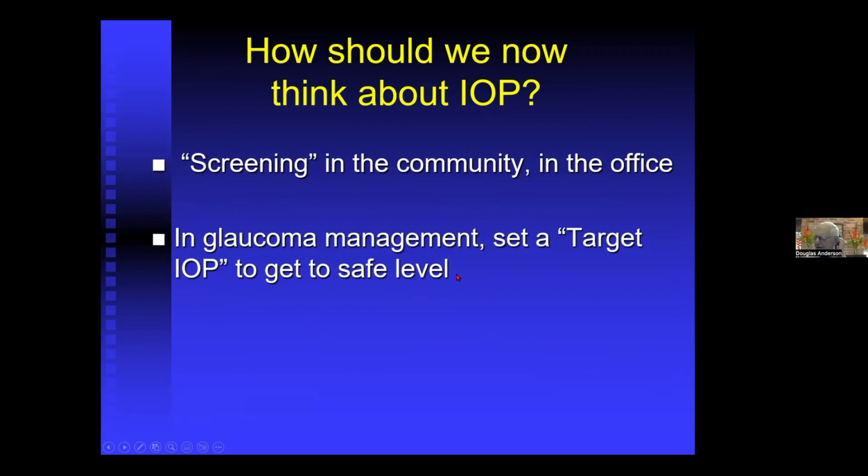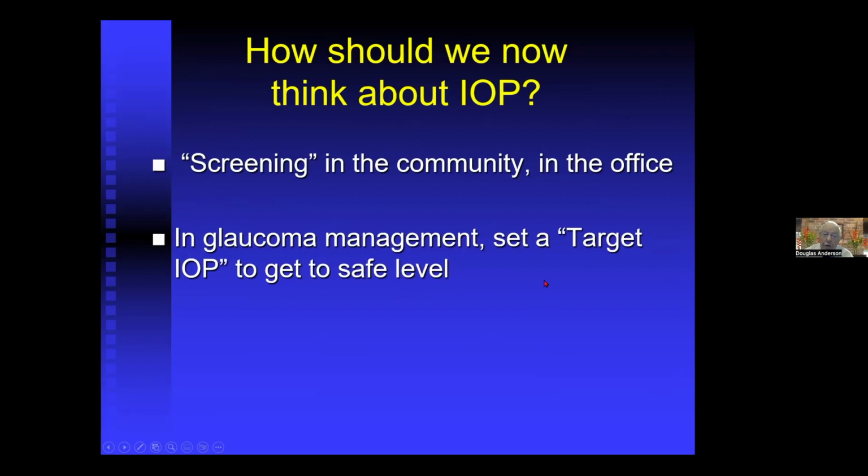So instead of separating normal and abnormal, we now want to separate safe and unsafe. And the evidence for being unsafe is that you already have some cupping and field loss. If the pressure is 23, let's say, and you lower it to 17, maybe that's quite enough. You've got it into a safe range for that particular person's eye.